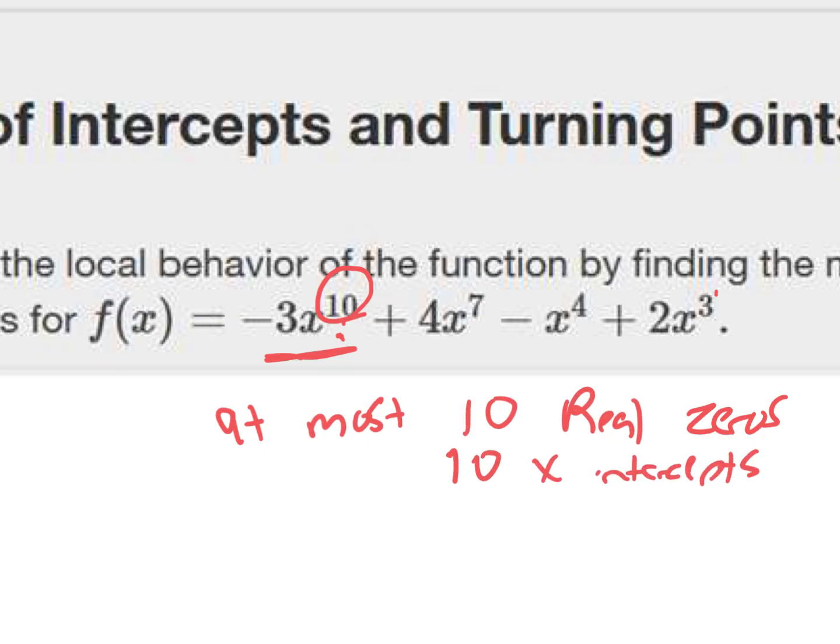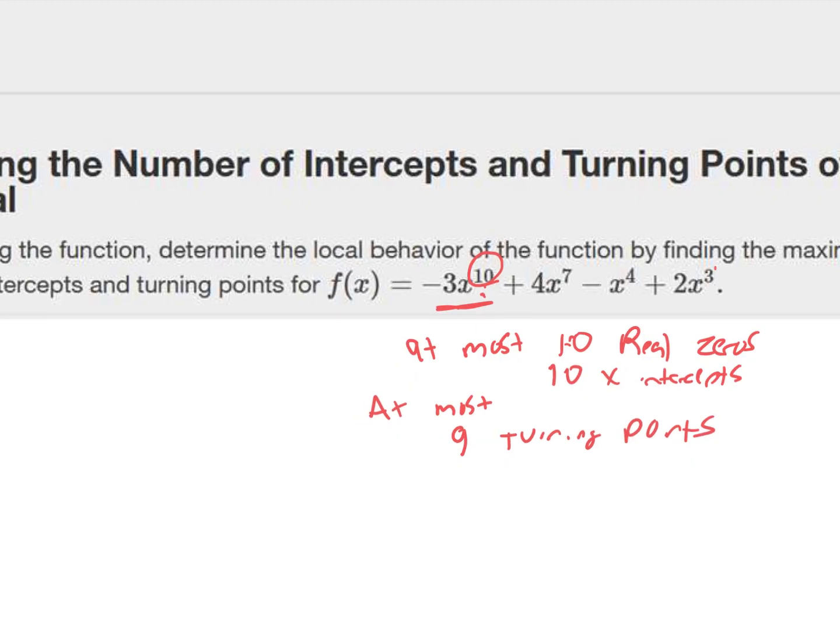Why at most? There could be less, because remember when we had the imaginary answers? But I could have 10, and it's going to have one less than that. At most 9 turning points. That was easy.